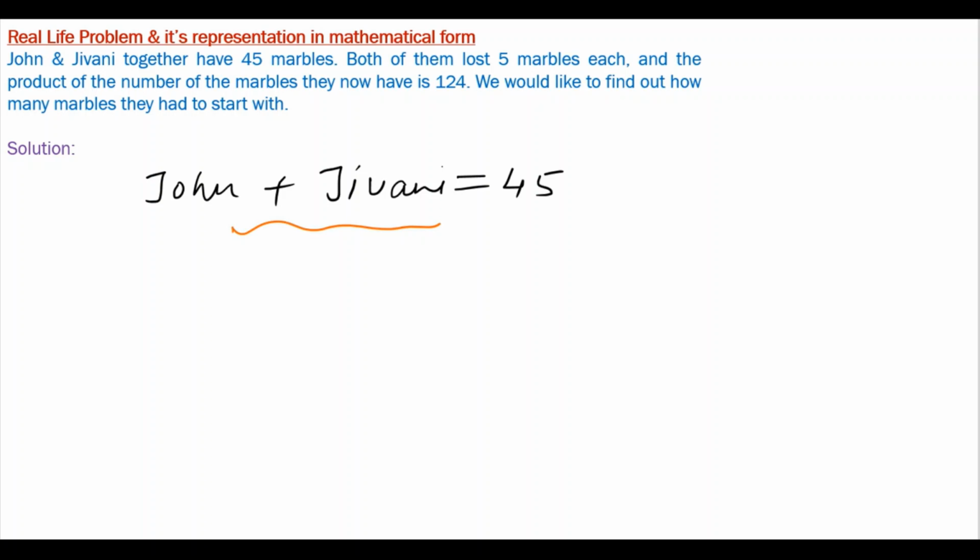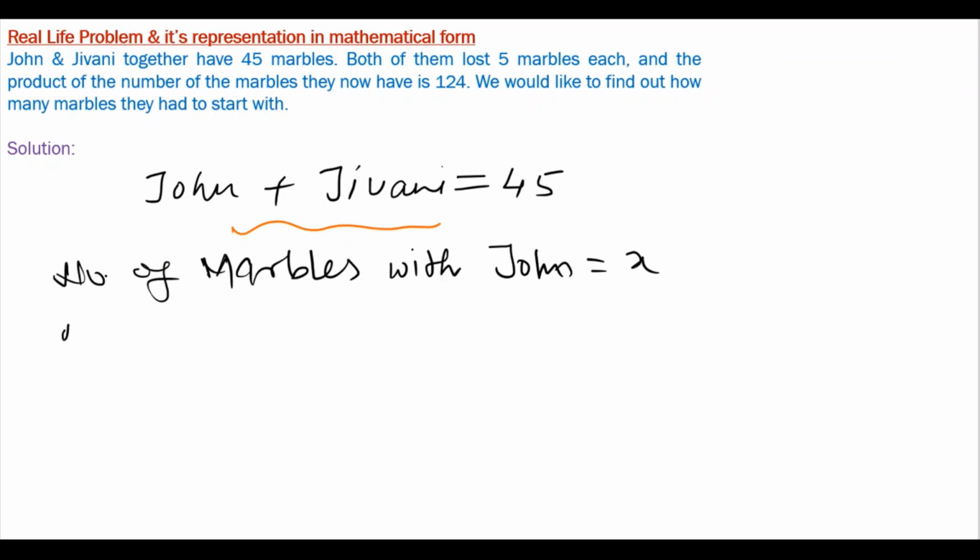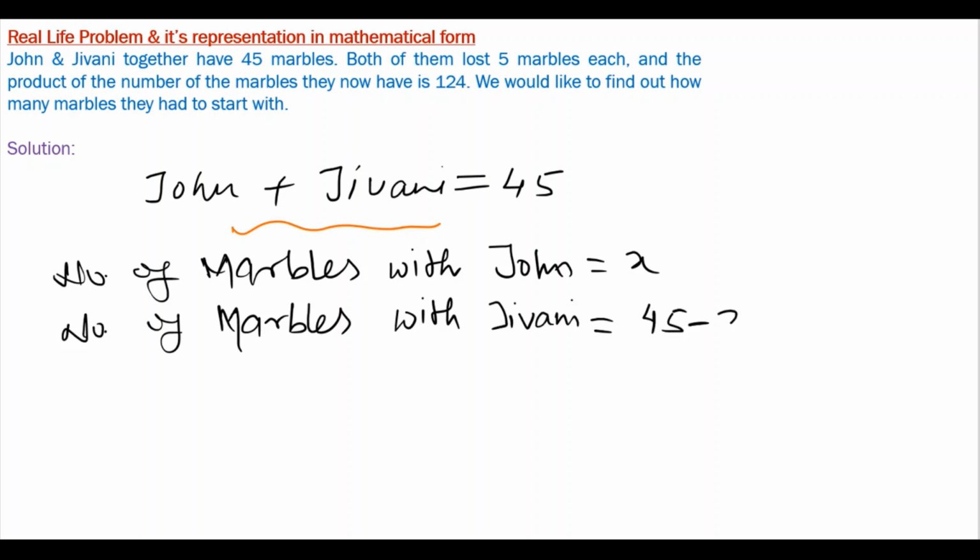So suppose number of marbles with John is equal to x, then number of marbles with Giovanni is equal to 45 minus x, right? Now they say they lost 5 marbles each, right?